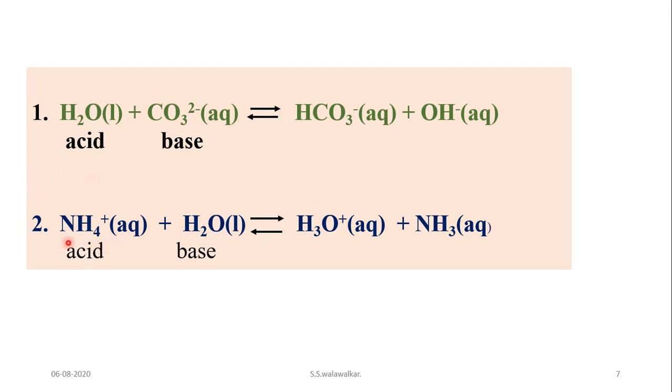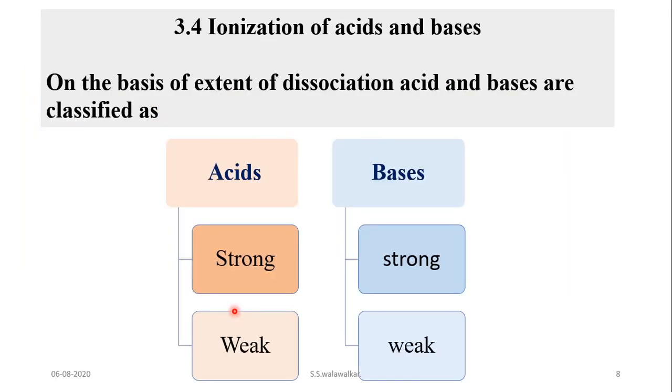When the ammonium ion donates a proton, it forms its conjugate base, ammonia. Thus water can act as an acid as well as a base, and this dual nature of water is known as the amphoteric nature of water.